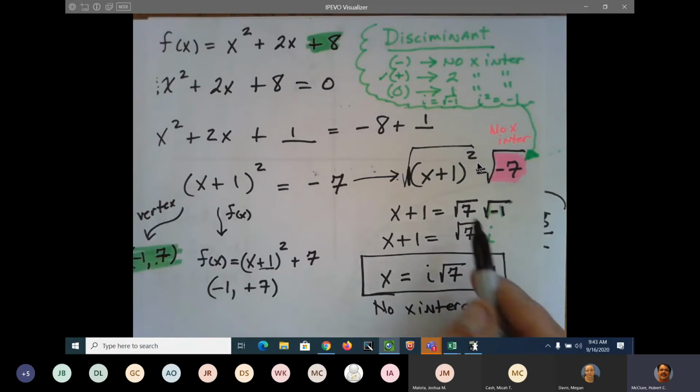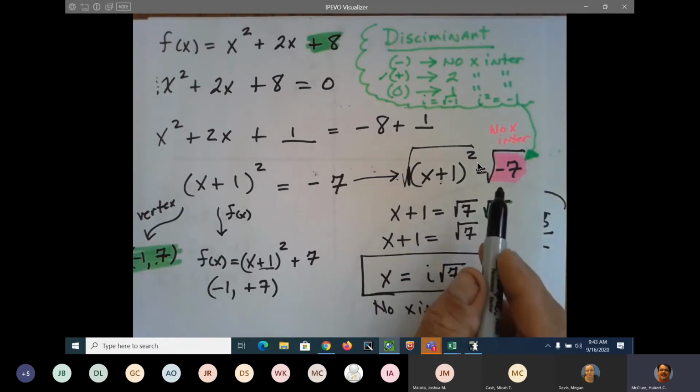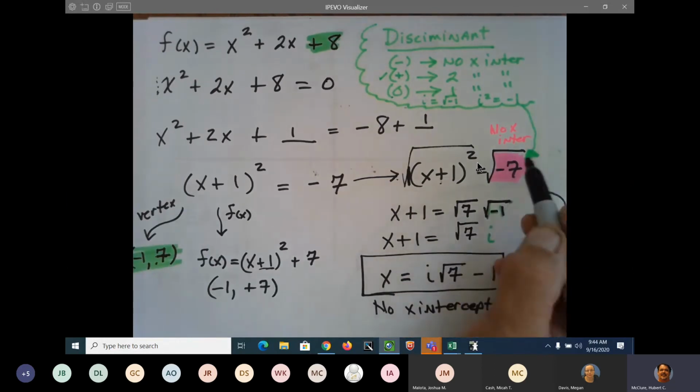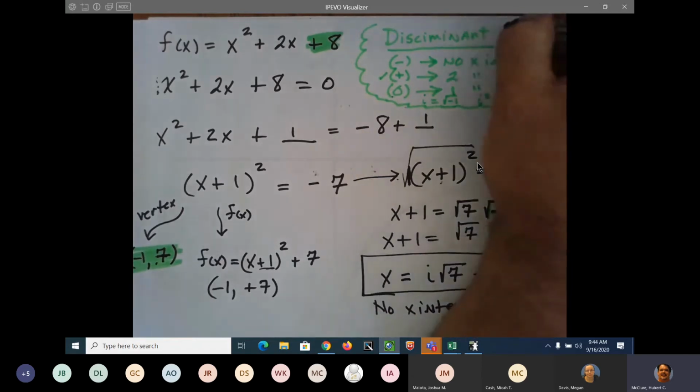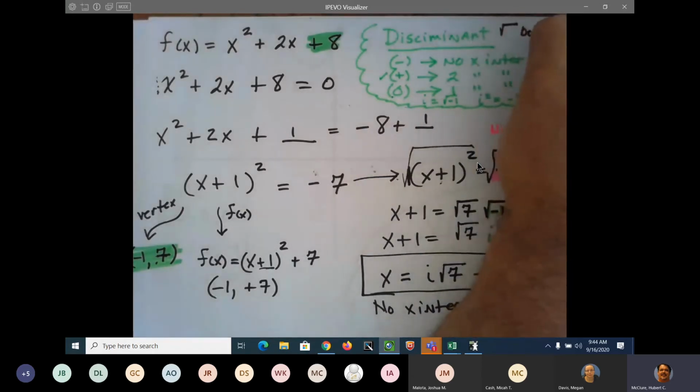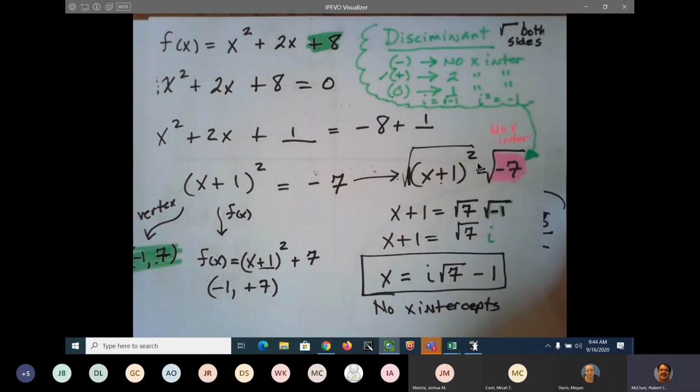So when you get to this point, when you take the square root of both sides, that's when you are finding the discriminant.